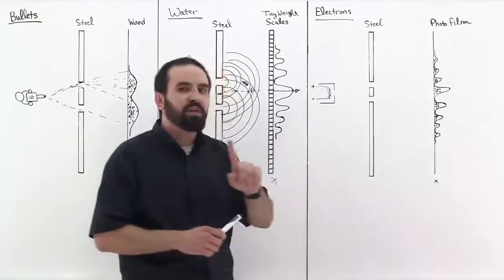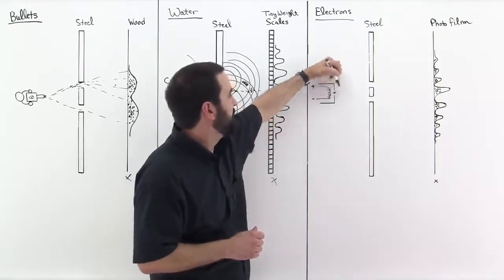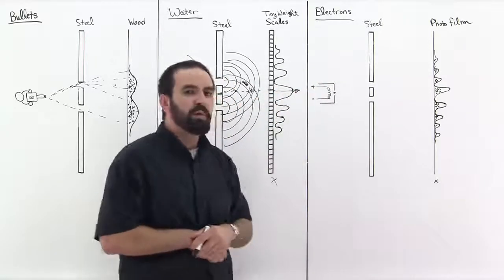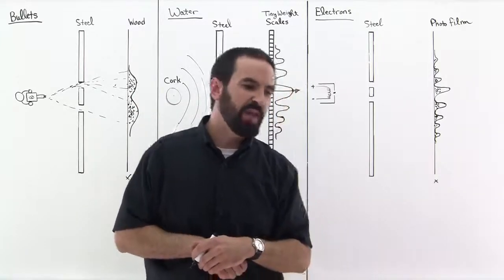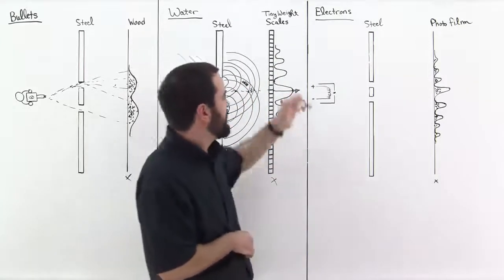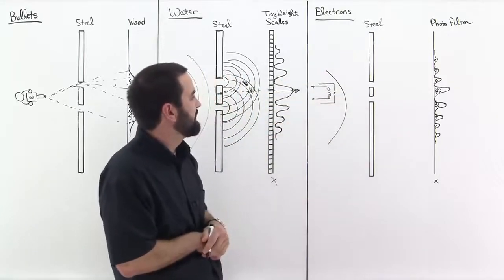We're going to do the theory for one electron. So one electron is emitted from the gun. But the contention by the theorists is that because we have not observed the electron, it has a wave of potential where it could possibly be.